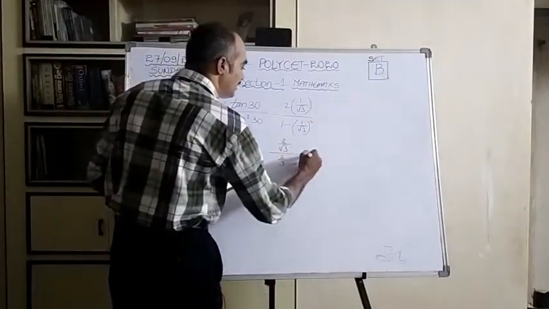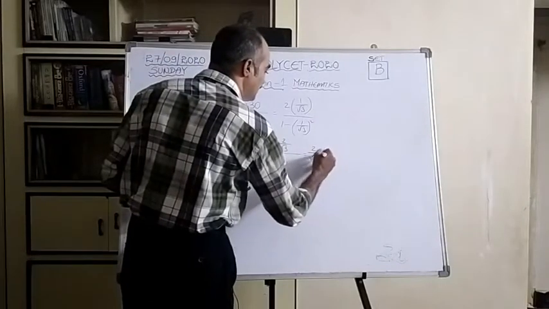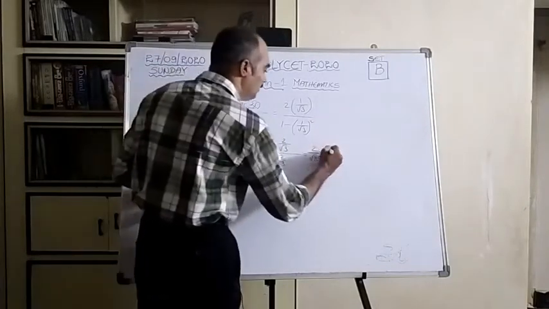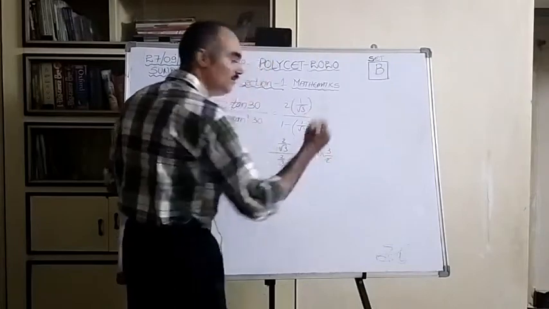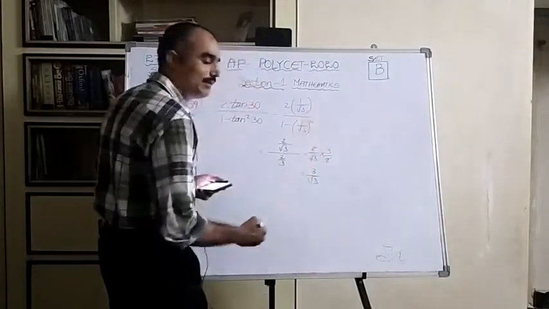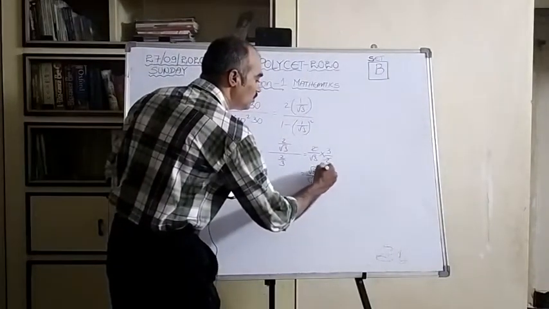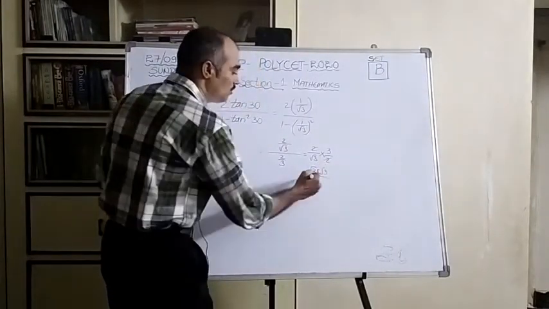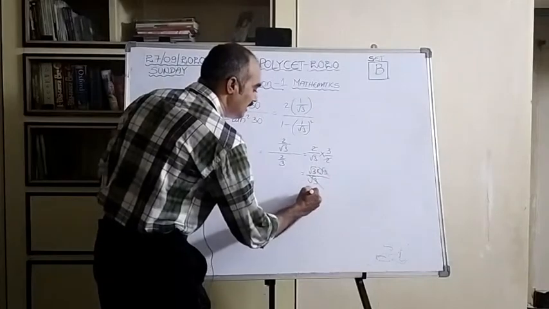So let us simplify: 2 by root 3 as it is, into the reciprocal, which becomes 3 by 2. The 2s cancel. So it is 3 by root 3. This 3 can be written as root 3 into root 3. So this root 3 gets cancelled. Here it is root 3.